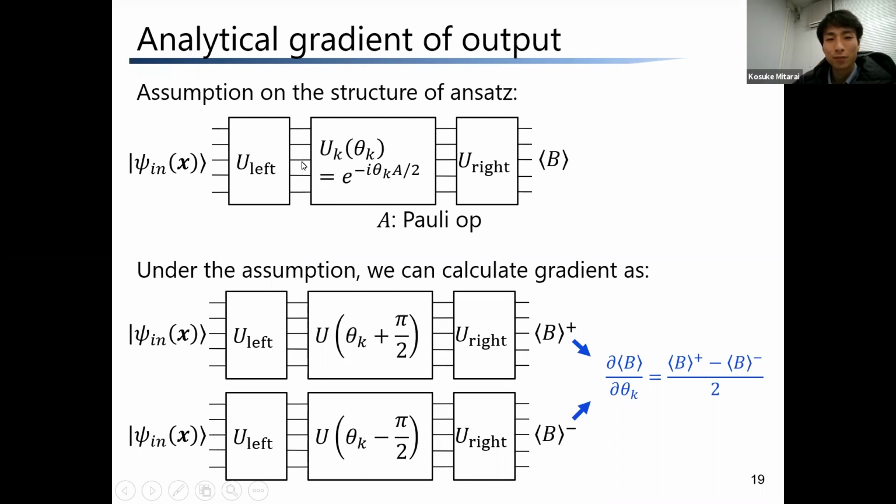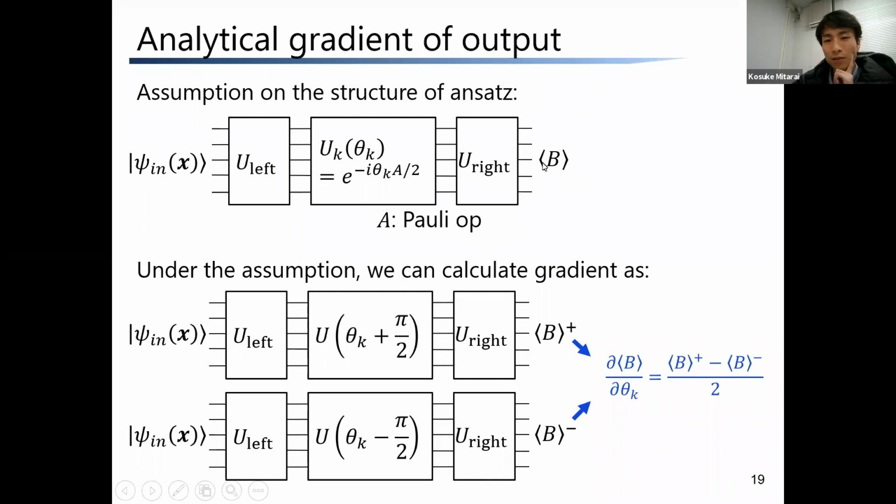But to use it on expectation values, the expectation value is defined as U B U dagger times the input state.